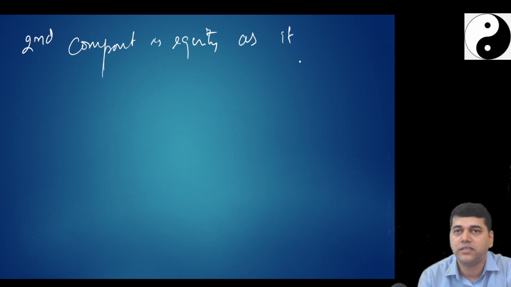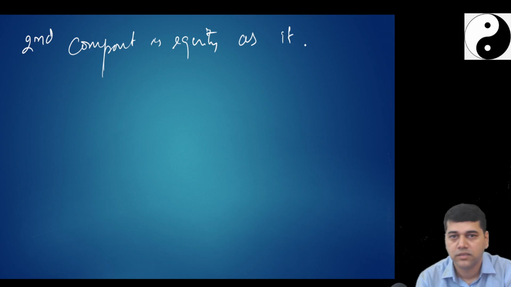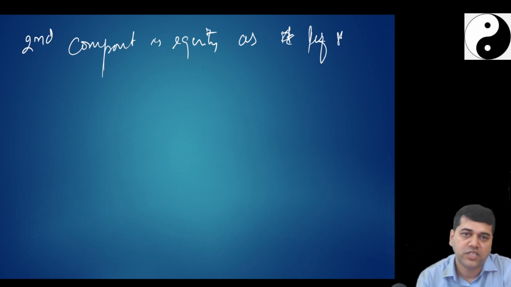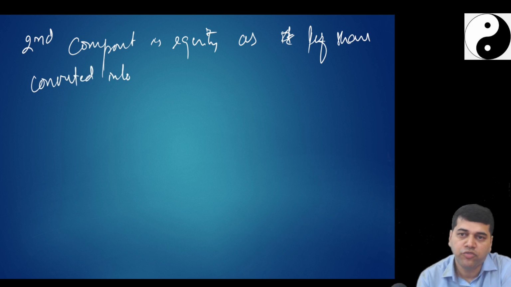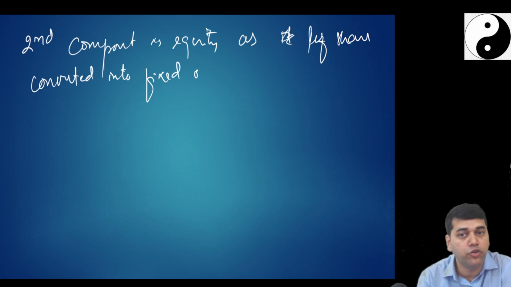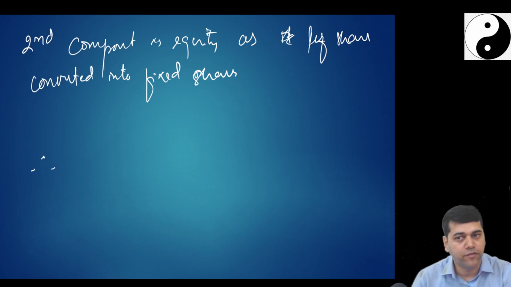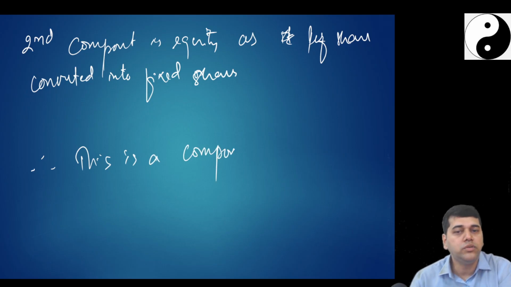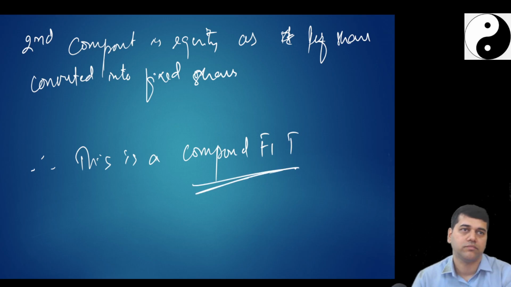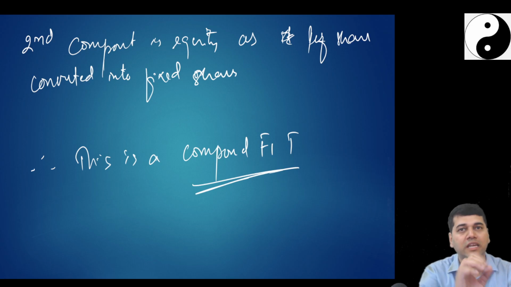As it has preference shares converted into a fixed number of shares, and on day one only you know that. In brackets you could have written the fixed for fixed test. Therefore, this is a compound financial instrument. Now you give your conclusion.